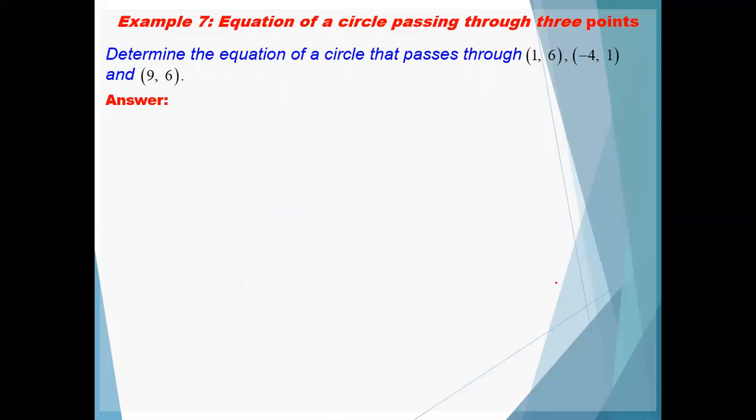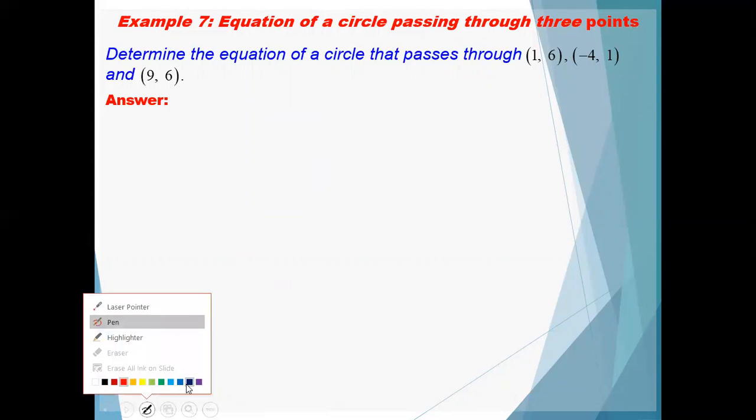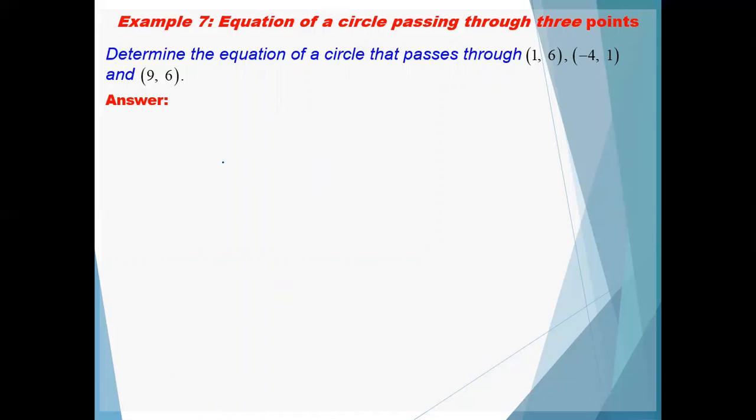Determine the equation of a circle that passes through (1, 6), (-4, 1), and (9, 6). Okay, so how do we do this? For this kind of question, we use the general form of a circle.